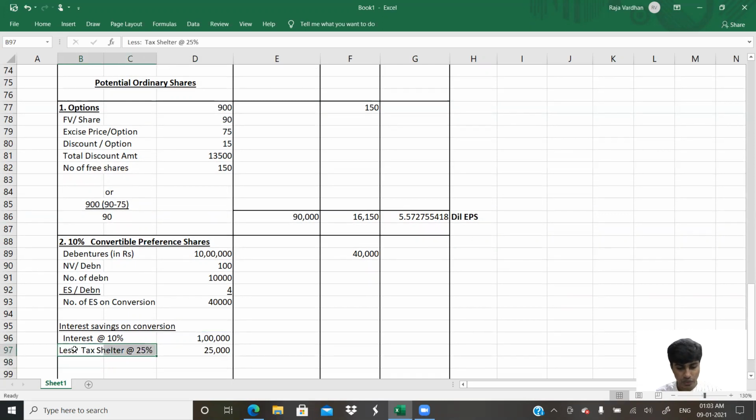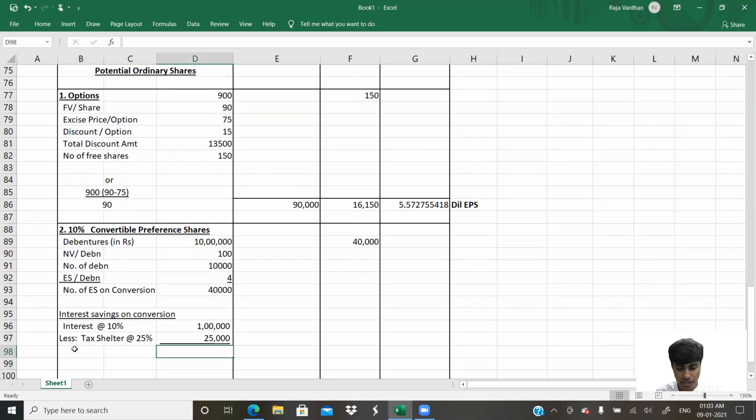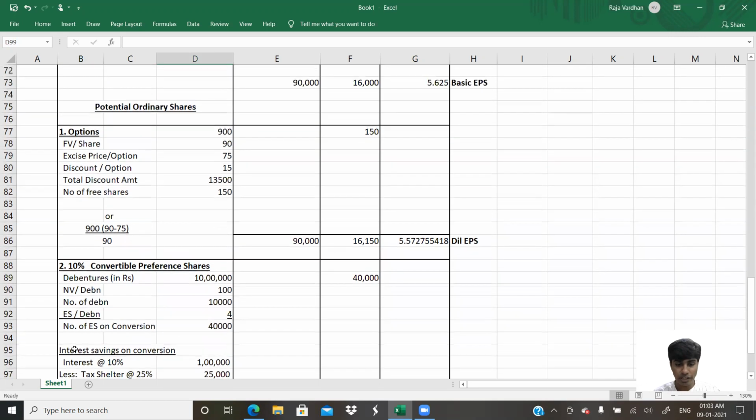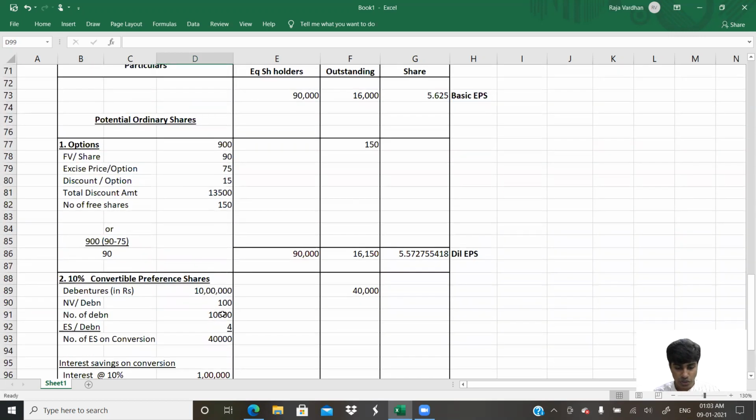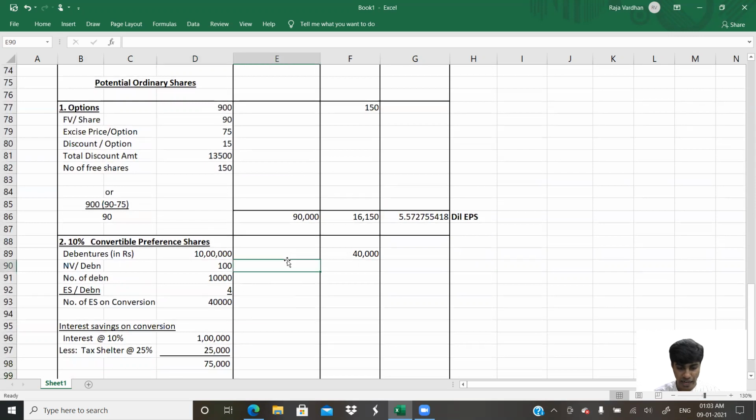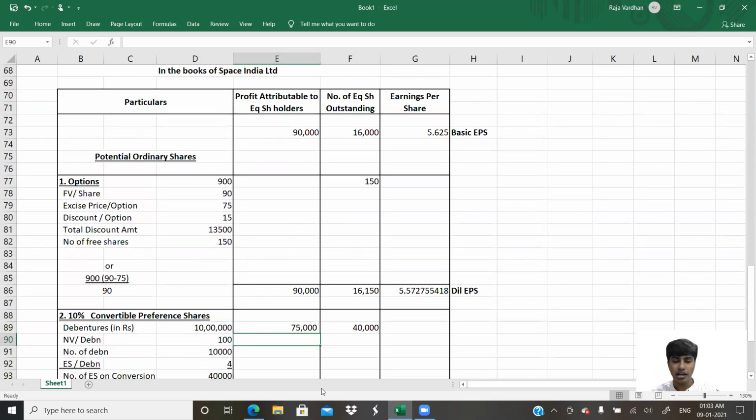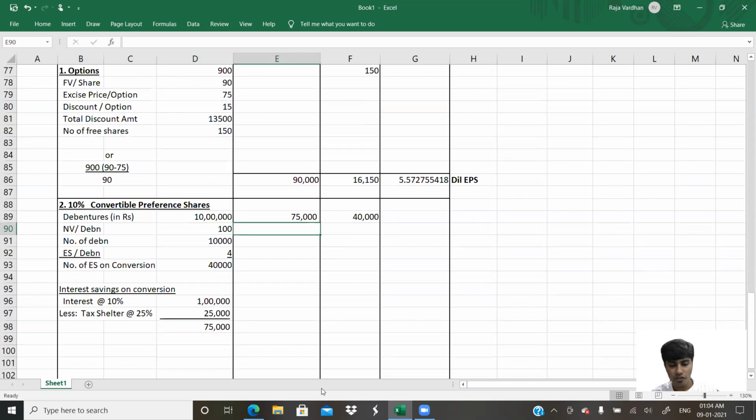Less tax shelter. Now tell me what will be the amount. It will be 1 lakh minus 25,000, which is 75,000. That is the profit that will increase. 90,000 was there, so to this 90,000 we are going to further add 75,000 rupees. 75,000 profit will increase and number of equity shares will increase by 40,000. So come on, let us do this part now.